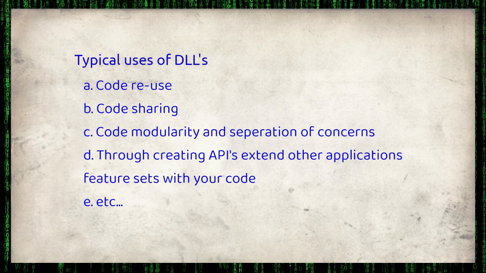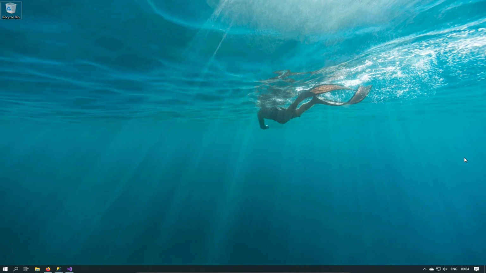Lots of languages use dynamic linked libraries and can create them. But in C Sharp's specific case, you can share code. Think of it as you have two different programs. The one is the exe and the other one is a DLL.